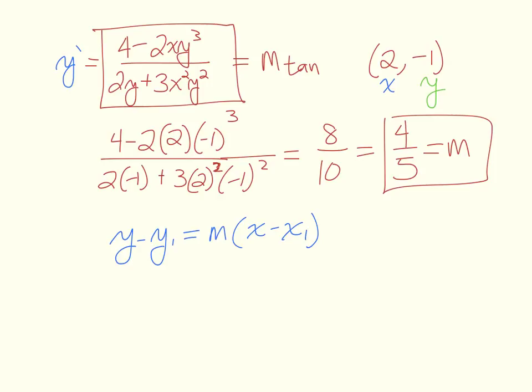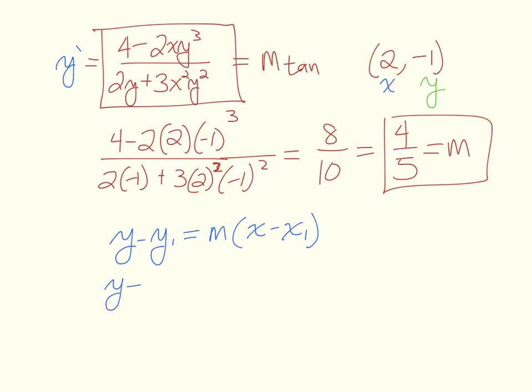Then all we have to do is substitute in our numbers. x1 is the x-coordinate in our point, y1 is the y-coordinate in our point, and the slope m is 4 over 5. So we can just substitute these numbers in.